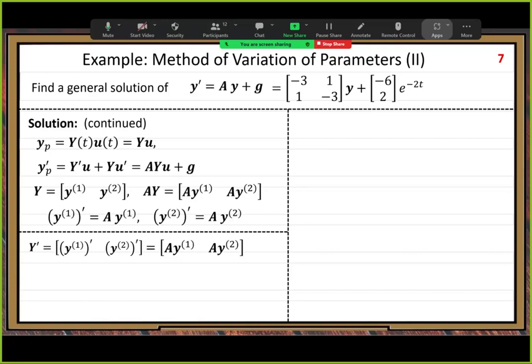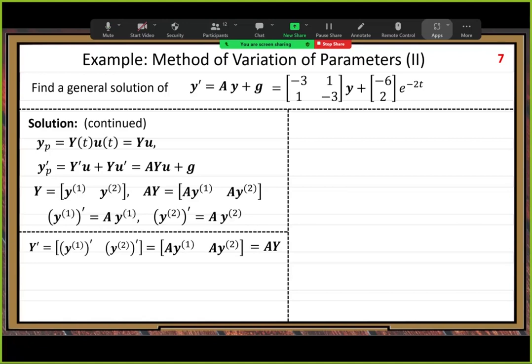By these two equations, they are A times y sup 1 and A times y sup 2, directly from the above two equations. This expression is just AY. So we get Y prime equals AY. That's the intermediate result we want to have in order to do simplification.